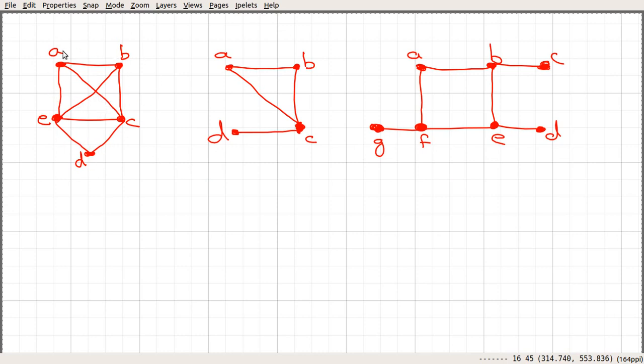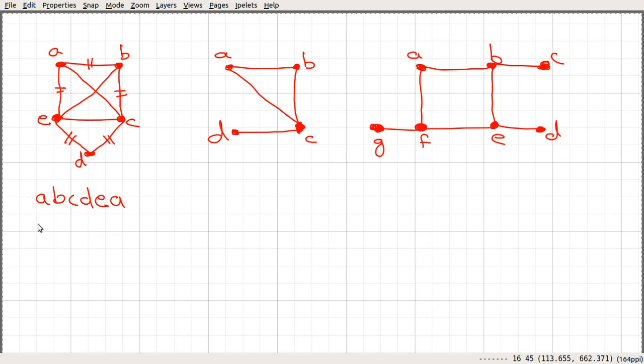In this case, we start from this vertex A, and if you use this edge you move to B, and from B if you use this edge you move to C. Suppose that from C you use this edge to move to D, from D you move to E, and from E you use this edge to move back to A. This is a cycle because the initial and the final vertex are the same, and every vertex of this graph appears exactly once: A, B, C, D, E. So this cycle corresponds to a Hamilton cycle.